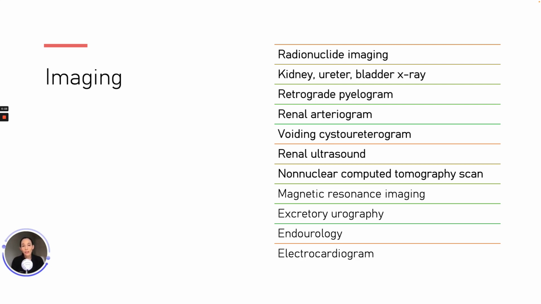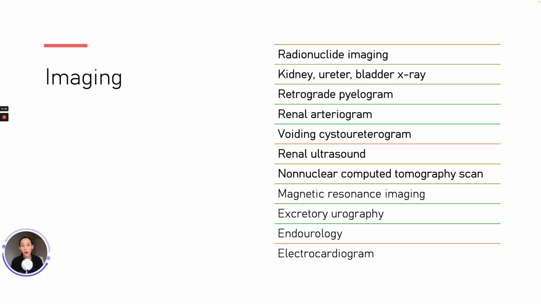We can look at a retrograde pyelogram, which outlines abnormalities of the renal pelvis and ureters. We can look at a renogram, which assesses renal circulation and identifies extravascular masses. We can have a voiding cystourethrogram, which shows bladder size, reflux into the ureters, and retention.